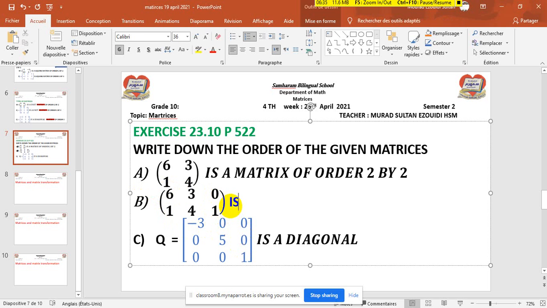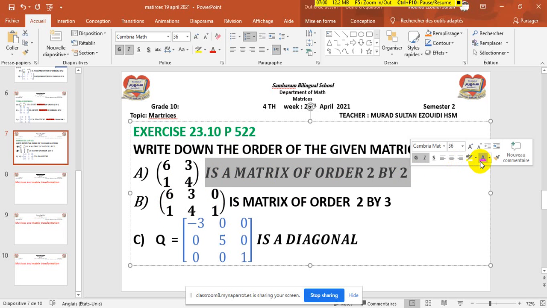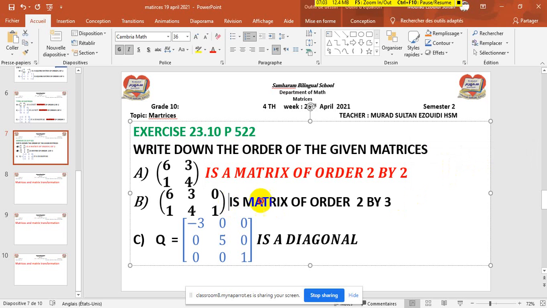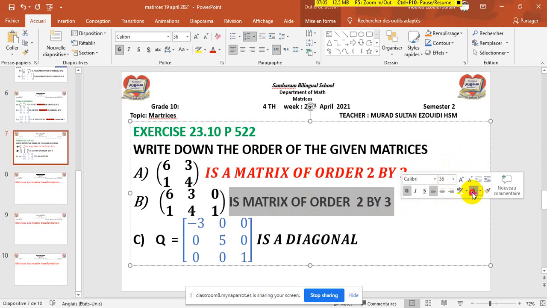So this is a matrix of order... how many rows here? Only 2 rows. So of order 2 by how many columns? 1 column, 2, 3 columns. So this is the answer, my daughter, for small a and small b. At the same time, my daughter, try to write, to go with us, let you write at the same time I'm writing.